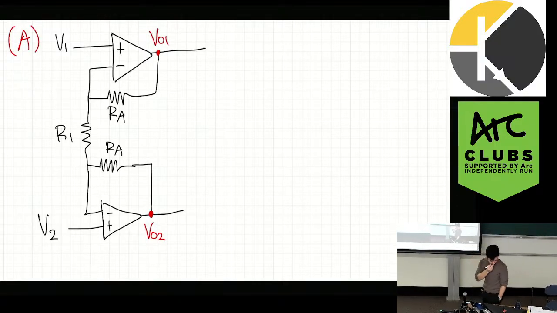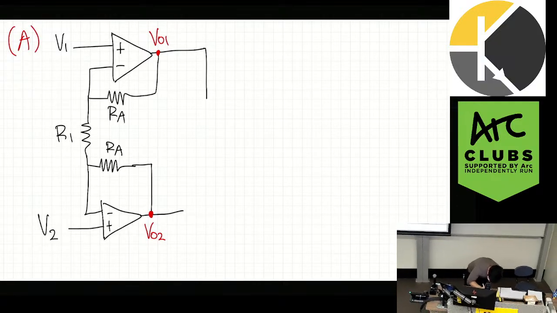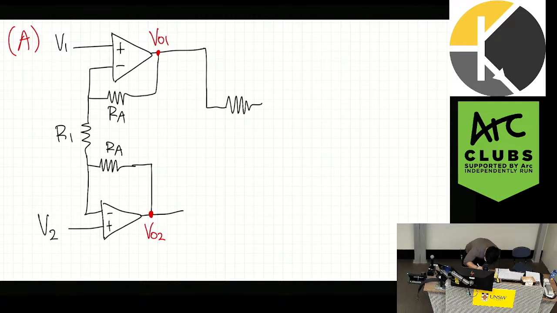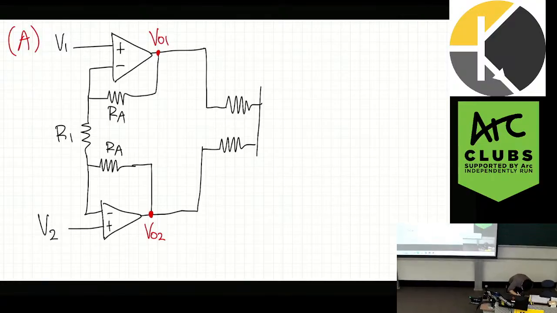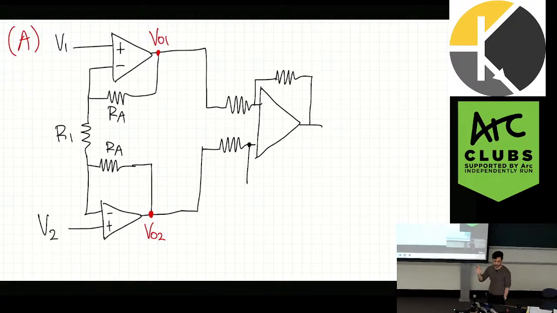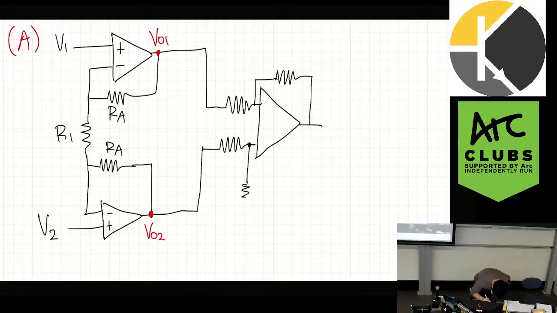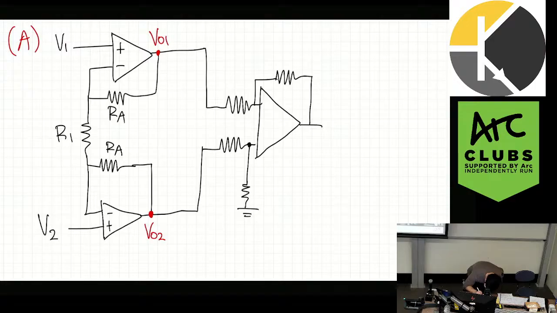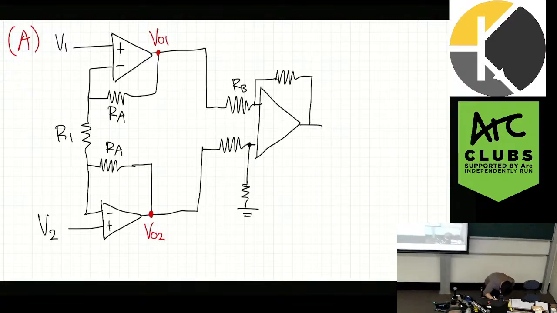So this is the first stage. Then what we do is we send this in like this, and then we send it into a differential amplifier like this. And the reference signal is technically what's here, but I'm just going to ground it, right? Doesn't really matter for the gain of the amplifier. And these resistors are all the same, I think.